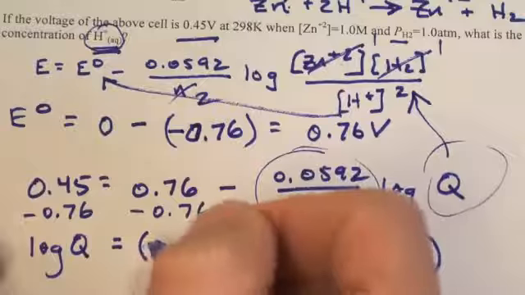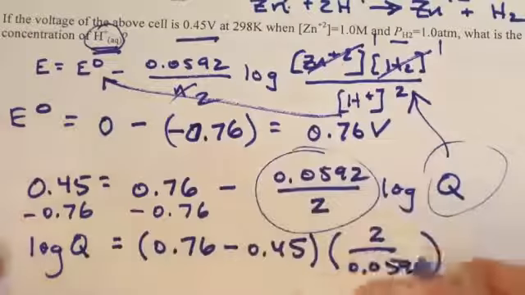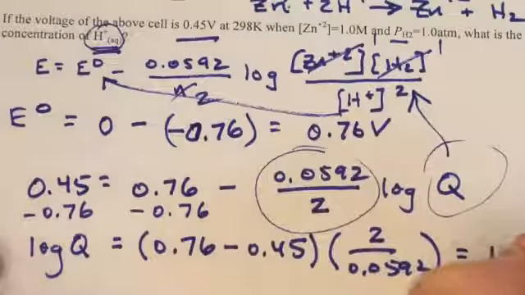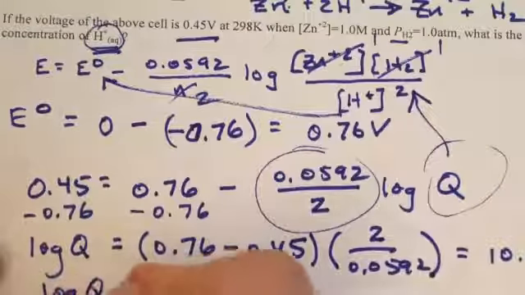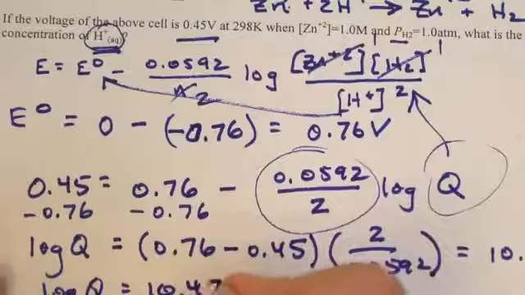When you multiply those all together, it turns out to be 10.47. So our log of Q equals 10.47 now.